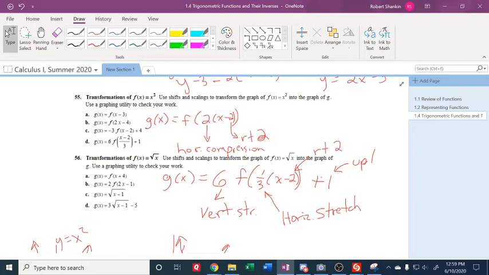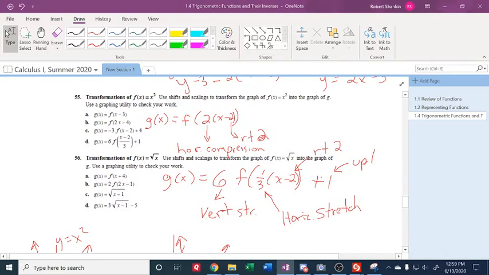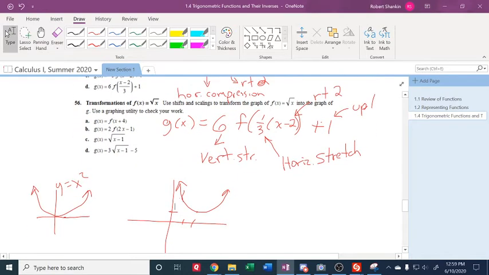In this particular function, let's do it. Because it's y equals x squared, so the g of x, there's really a 6. F of anything means to square it.